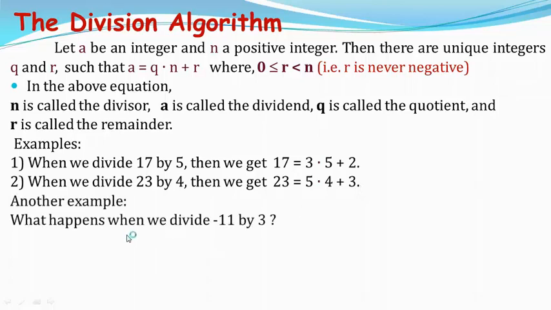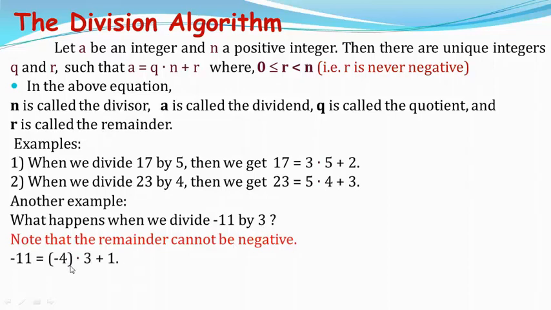What happens when we divide minus 11 by 3? Note that the remainder cannot be negative. So if we divide minus 11 by 3, we get minus 11 is equal to minus 4 into 3 plus 1. So here the remainder, that is 1, is positive.